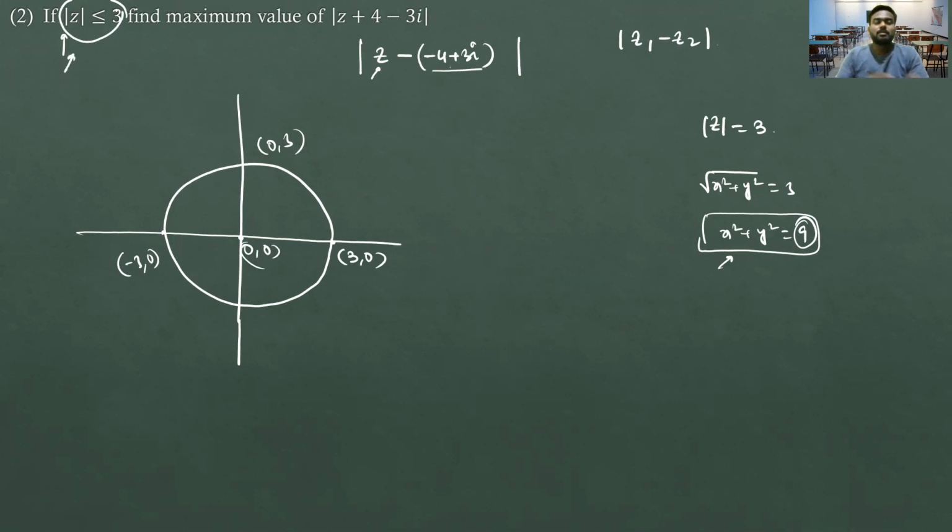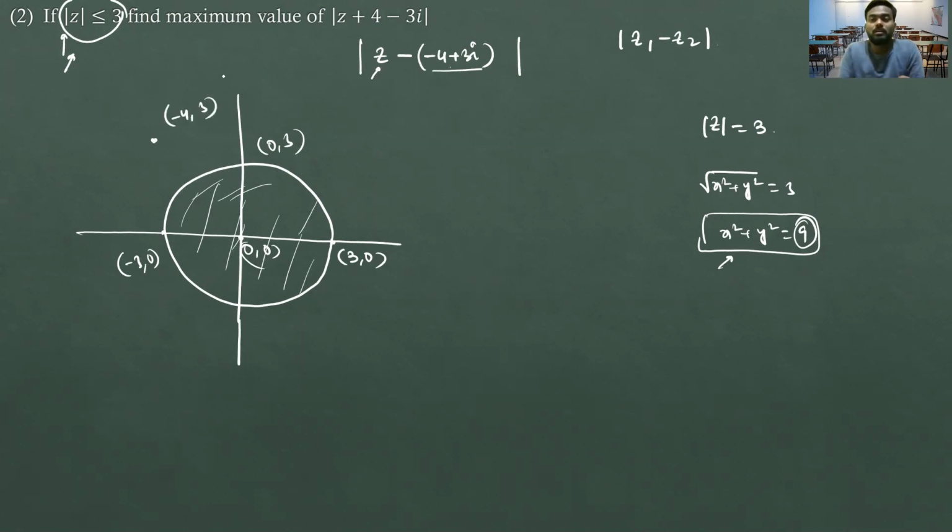And what is the meaning of this? This is less than or equal to 3. So equal to 3 means z will lie on the circumference of the circle, and less than means it will be inside the circle, somewhere inside the circle. So this z can either lie on this circle or inside this circle, right? And this point will be somewhere here, minus 4 comma 3 will be somewhere here.